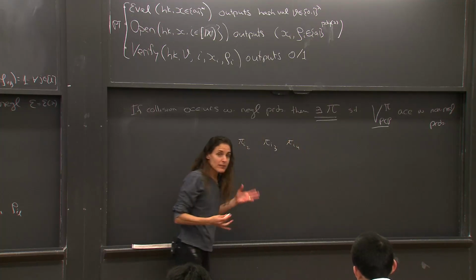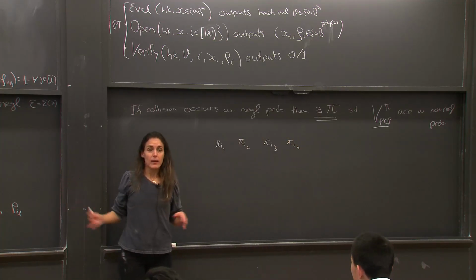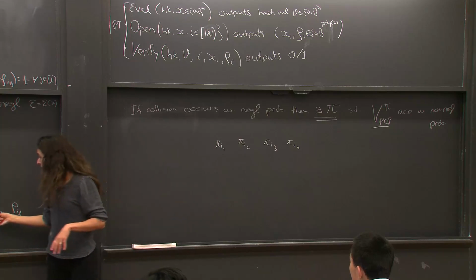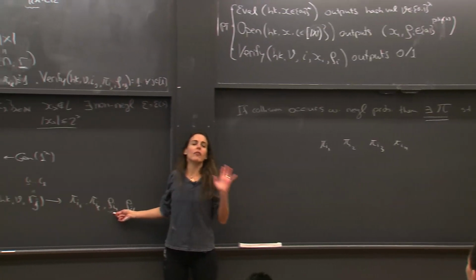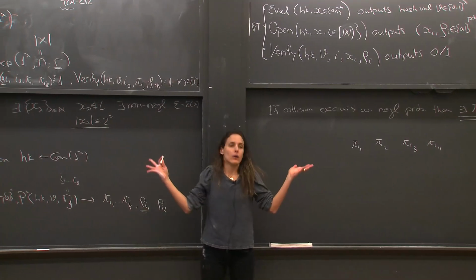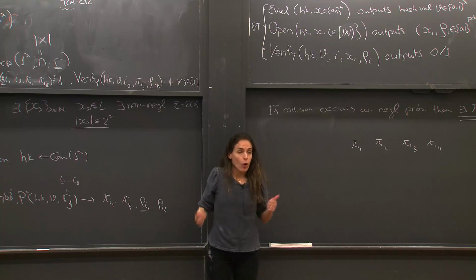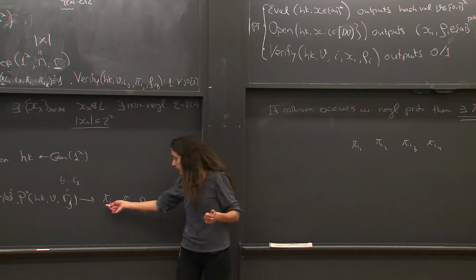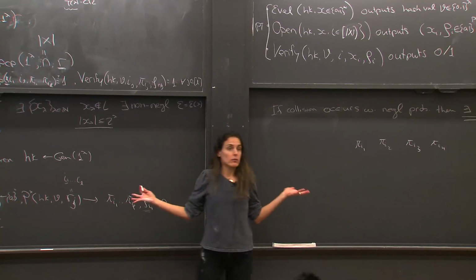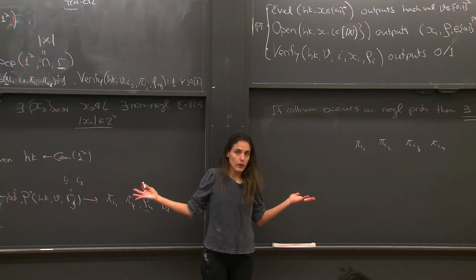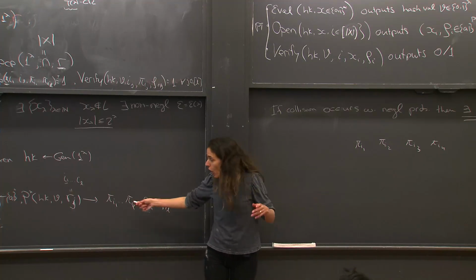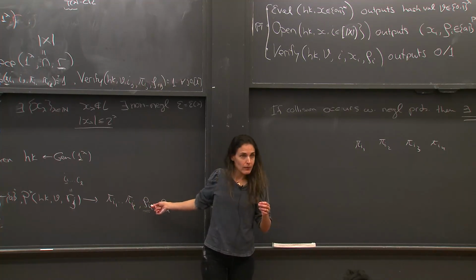Now, there may be some places of the PCP that he will never open correctly. He'll never give me a valid opening. Moreover, there may be some places of the PCP that this verifier never asked. So I'm going to write down all the places that actually opened.